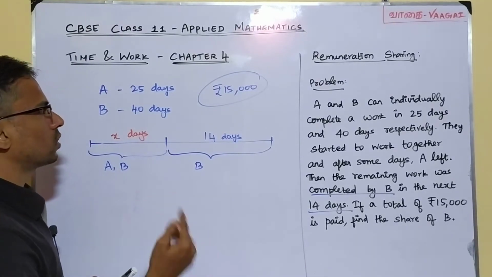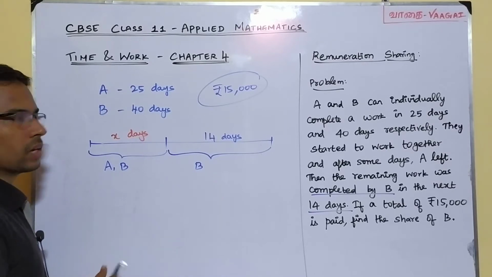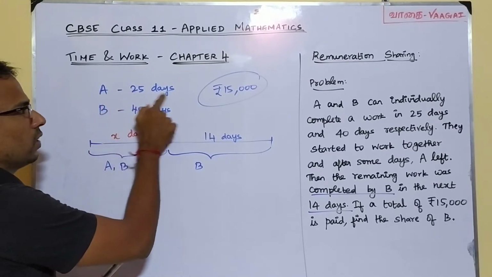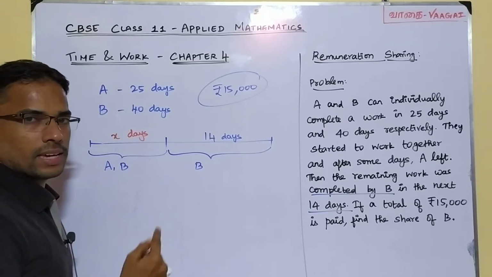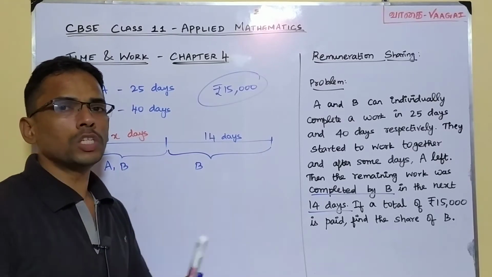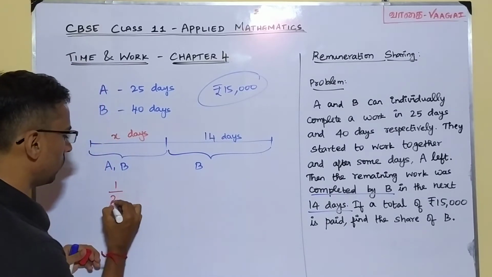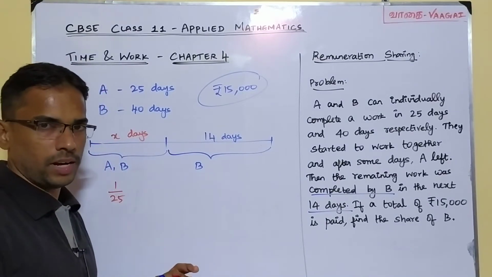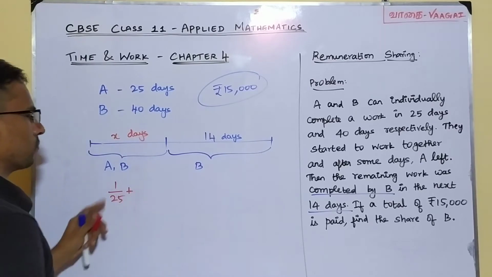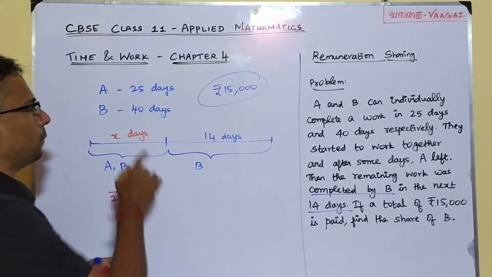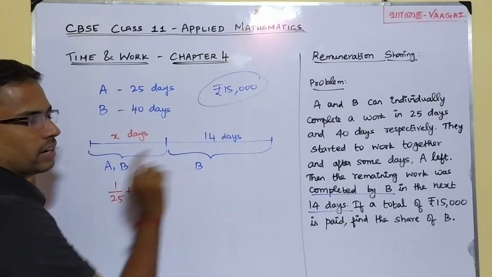What is 1 day's work of A? A completes the work in 25 days. In that case, how much of the work would A complete in 1 day? It would be nothing but 1 by 25. Plus B. B does that same work in 40 days.